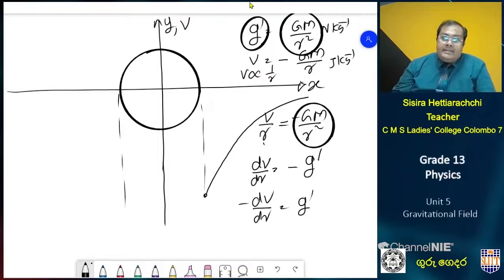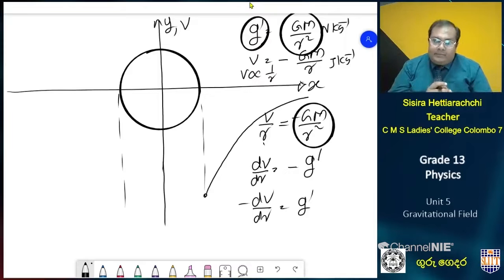We saw field intensity is decreasing rapidly because it's inversely proportional to R squared. Here R, not a deep curve. Then both sides should be negative potential. It's like a well. This is a potential well, right?